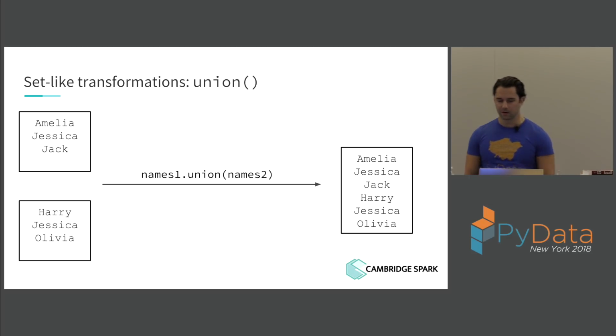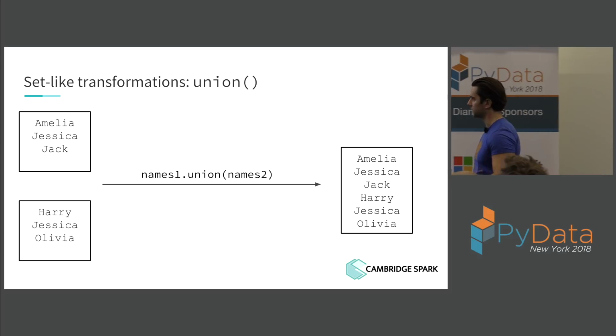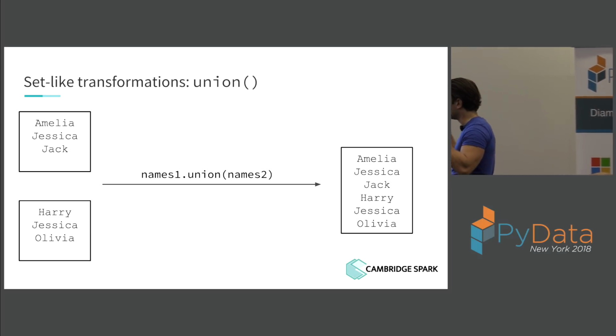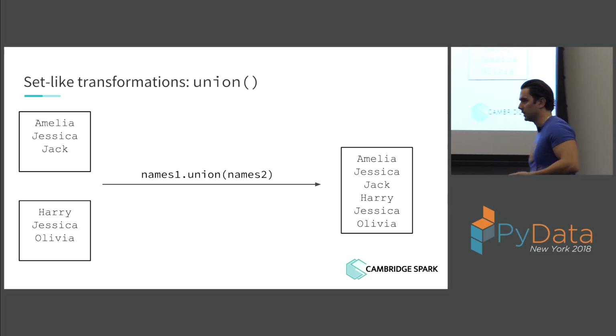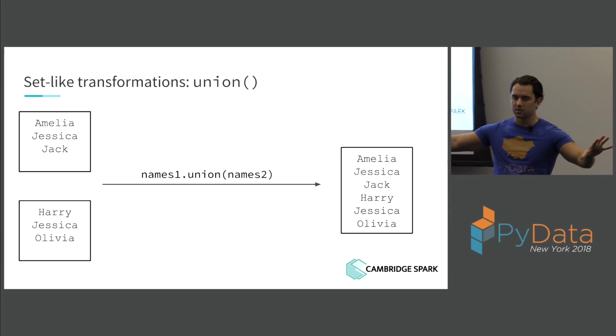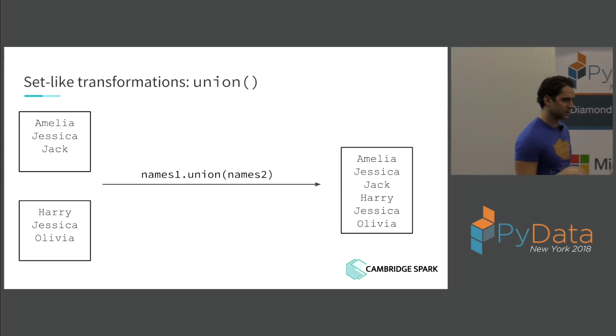So I might have customers from one department that are really interested in sports, and then another source of customers that are really interested in food. I may wish to combine those two sources together in order to do some business intelligence.